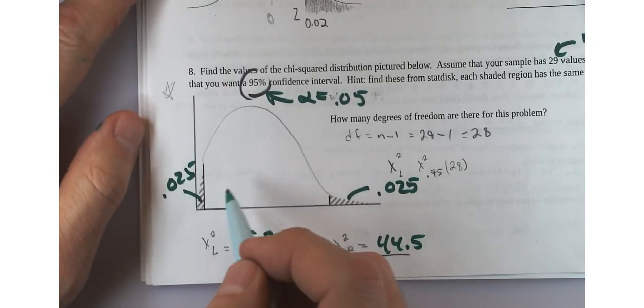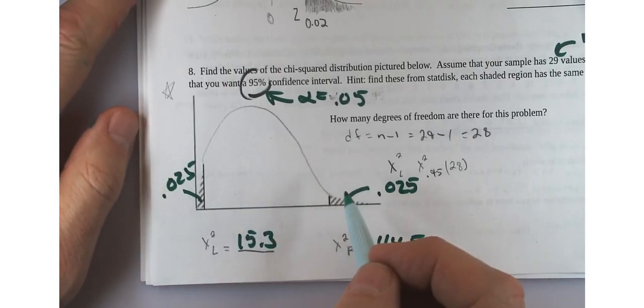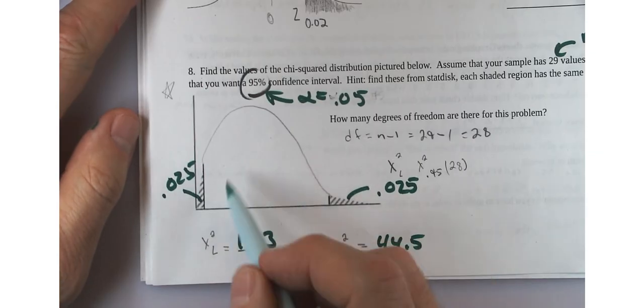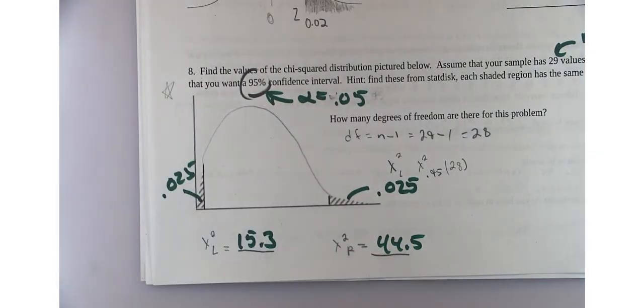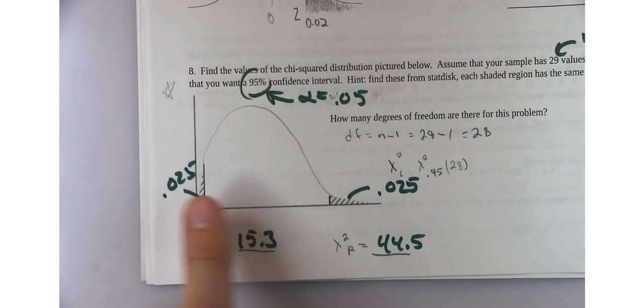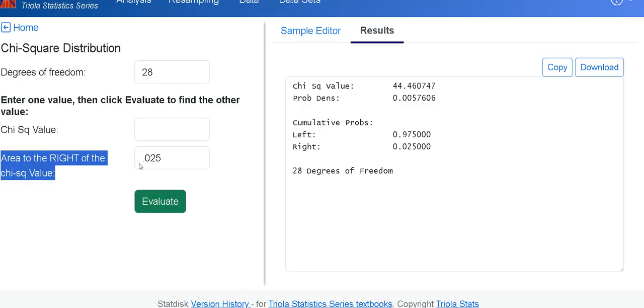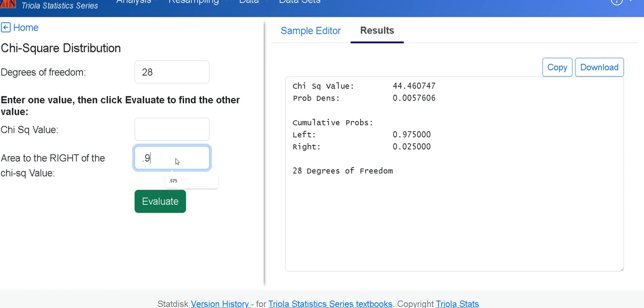So that's going to be 1 minus 97.5%, which is going to be my 2.5%. Or 1 minus 2.5% is going to be the 97.5%. Okay. All right, I got you. 0.975.